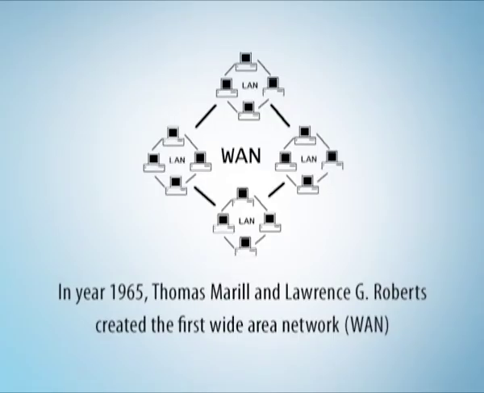In the year 1965, Thomas Merrill and Lawrence G. Roberts created the first wide area network or WAN. This was an immediate precursor to the ARPANET, of which Roberts became program manager. And in this year, the first widely used telephone switch that implemented true computer control was introduced by Western Electric.